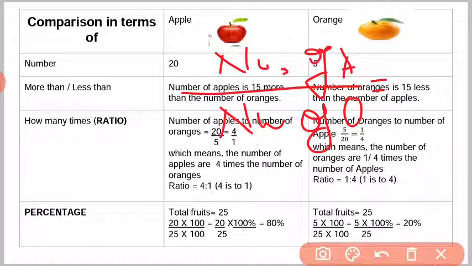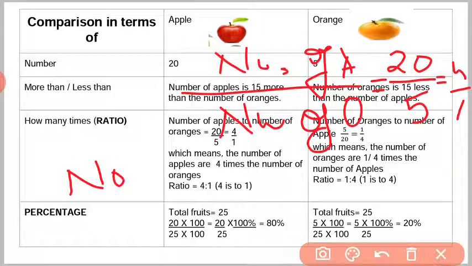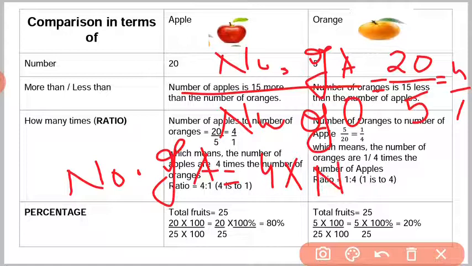So how many apples are there? There are 20 apples. And how many oranges are there? There are 5 oranges. So what will be the answer? It will be equal to 4 by 1. So we can write it as number of apples is equal to 4 multiply number of oranges.